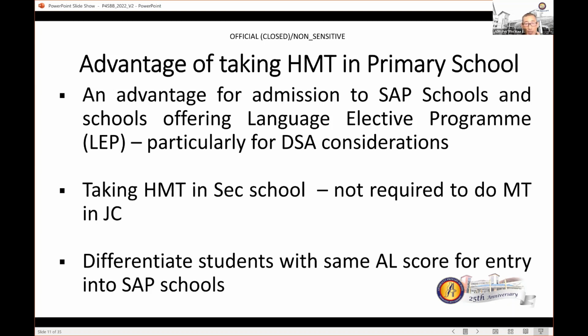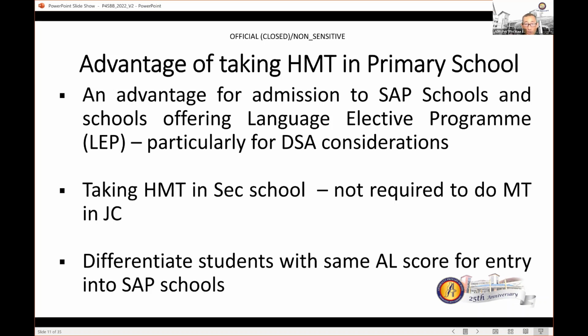These are the kinds of schools that are open for DSA consideration if our children are taking higher mother tongue. So if your child has higher mother tongue, that will give them an opportunity of entry into these schools. If not through DSA, then it will be through their PSLE score as well.